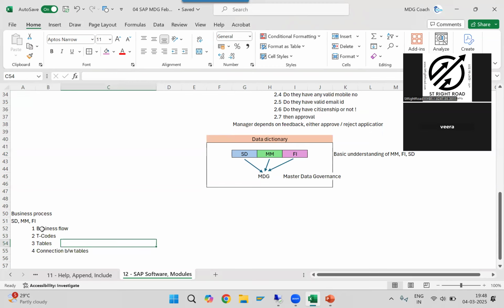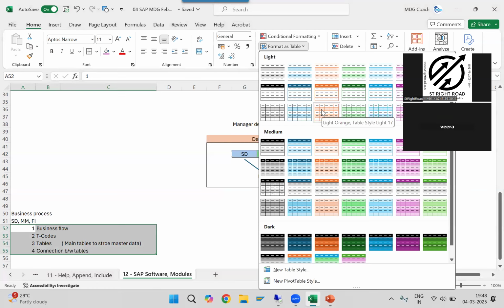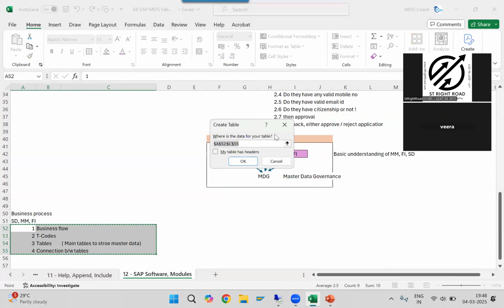In these tables, you will come to know the main tables that store master data. You need not learn all tables or remember all of them. If you remember only the main tables, that will be very much sufficient. Is this clear? Any question so far? It's clear. Okay. Next.